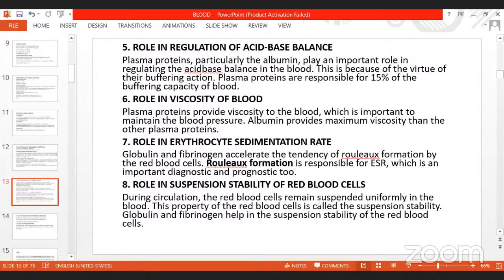All the blood vessels contain blood with RBCs, and it is uniformly suspended. This property of the RBC is known as suspension stability. Globulin and fibrinogen help in the suspension stability of the red blood cells.